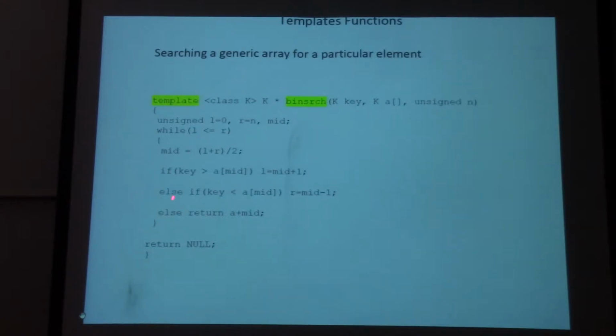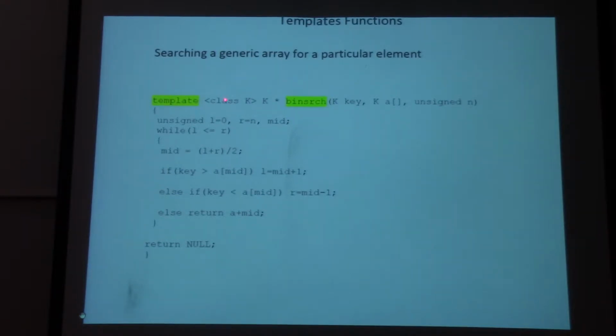Okay, so this is called a binary search. Notice that I'm looking at comparisons like if key is greater than A sub mid. A is an array of something, so A sub mid is a mid element. Now, if K is a rational, this will fail if the rational doesn't have the greater than operator overloaded. Does that make sense?